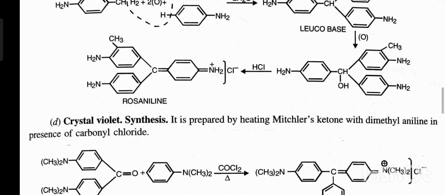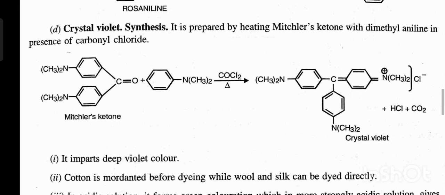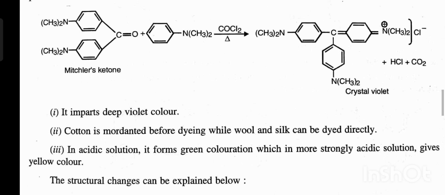D. Crystal violet. Synthesis. It is prepared by heating Michler's ketone with dimethyl aniline in the presence of carbonyl chloride. Application. It imparts a deep violet color. Cotton is mordanted before dyeing, while wool and silk can be dyed directly.